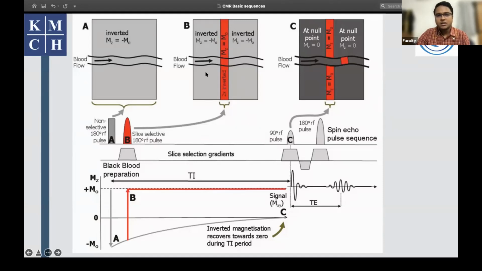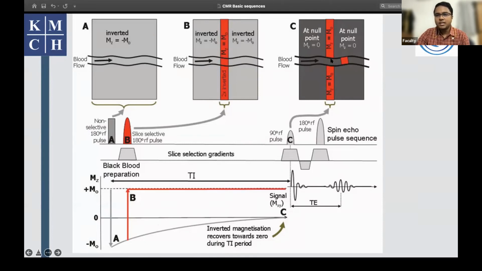Like with any other 180-degree pulse, with time the inverted magnetization will recover towards the 0 point and will start to grow towards the main magnetic field. So what we do is we apply the 90-degree pulse of the spin echo exactly at the point at which the inverted magnetization of blood reaches 0.